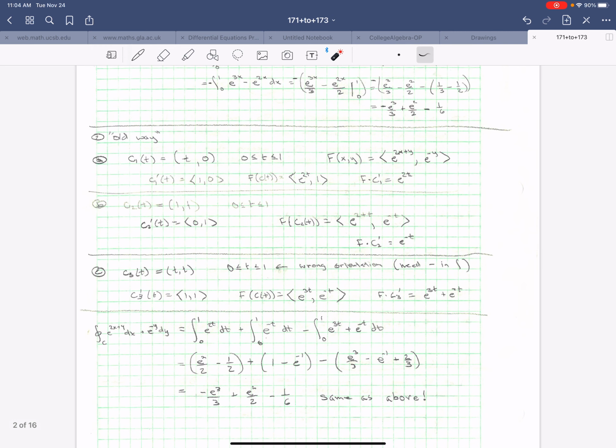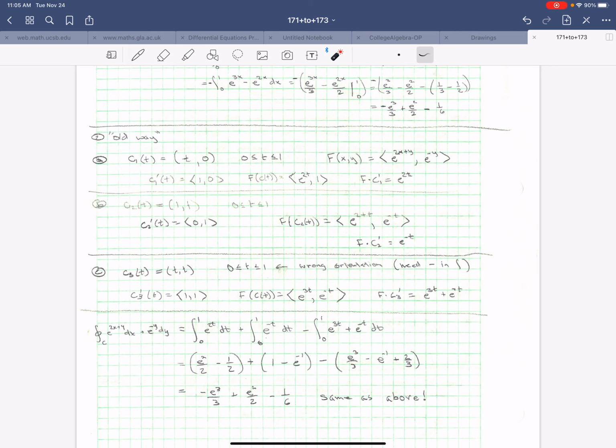So it should be the first path plus the second path plus the third path, but the third path has the wrong orientation, so that plus gets offset by a minus. Notice this takes 3 pieces, but in all of these, I'm just doing f of c of t dotted with c prime of t, and then I'm using the limits for t to become my limits of integration.